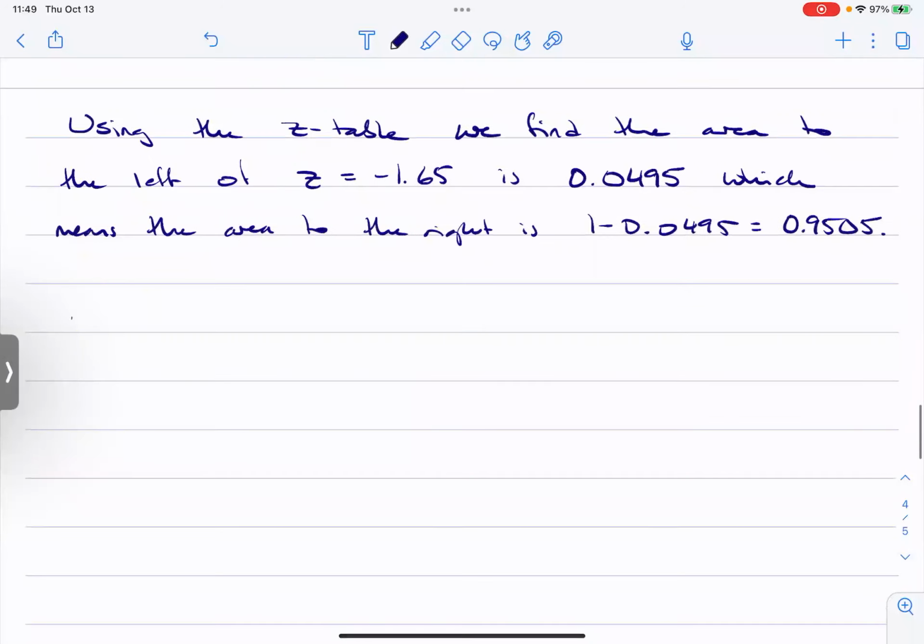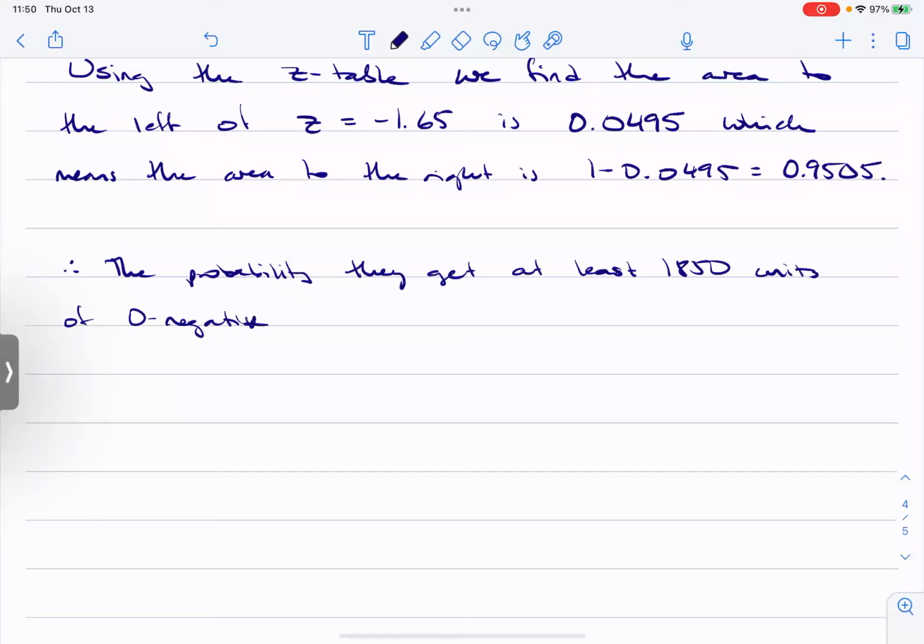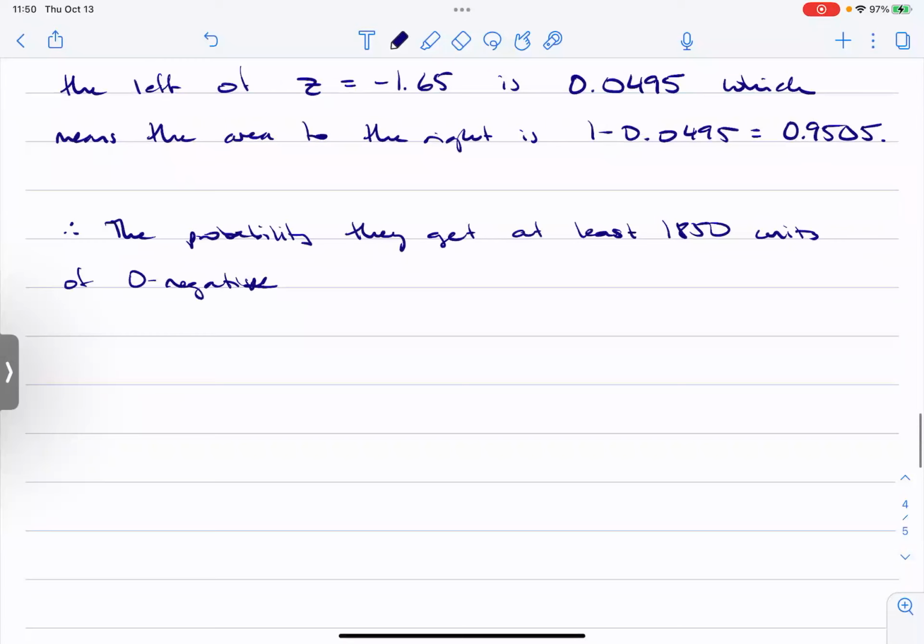So therefore, the probability they get at least 1,850 units of O negative blood is 0.9505.